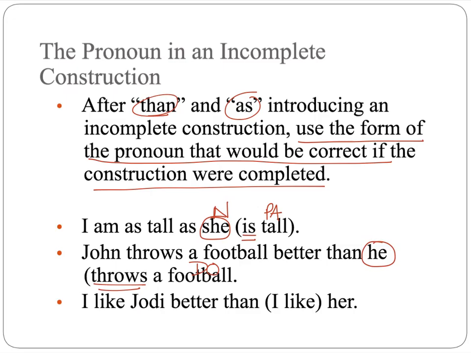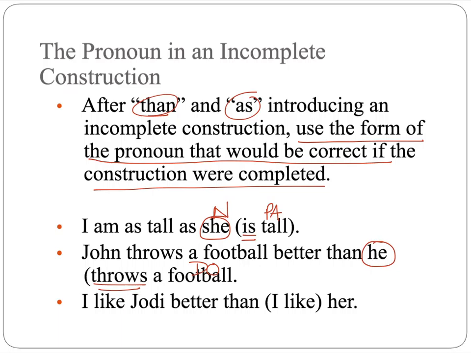If I wrote the sentence to read, John throws a football better than him, what I'm saying is John throws a football better than John throws him, because him is an objective case pronoun and would be used as a direct object.